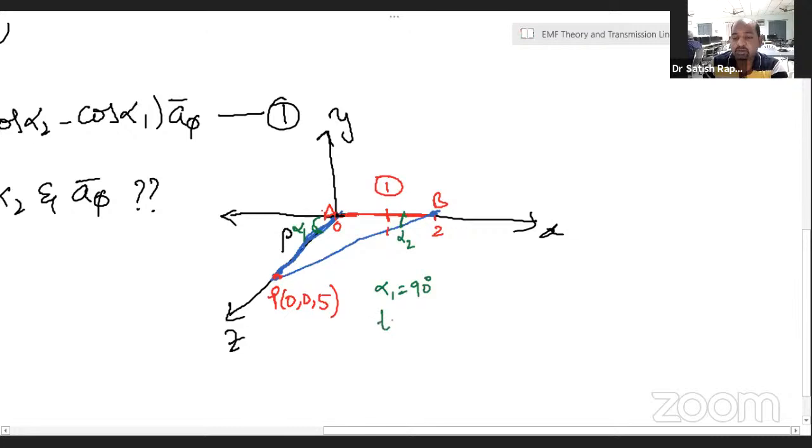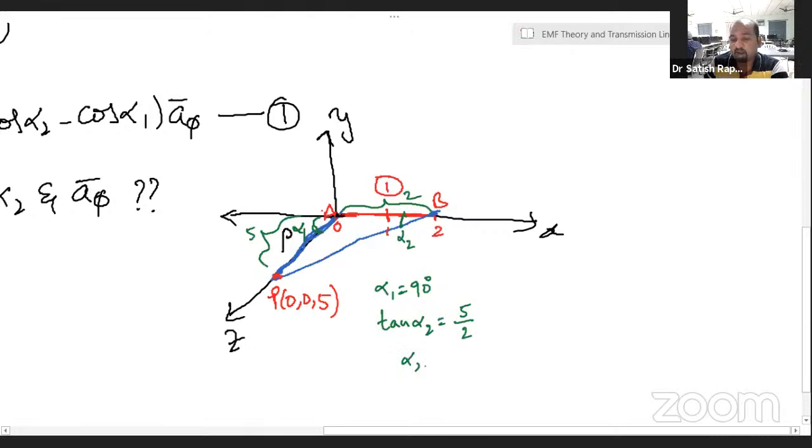Alpha 2, let us take tan alpha 2, right? Because we know this length. So what is this length? This side is 2 and what is this side? This side is 5, right? So these two sides we know. So therefore, tan alpha 2 is the opposite side, which is 5, over the adjacent side 2.